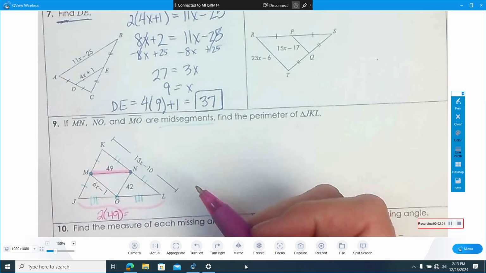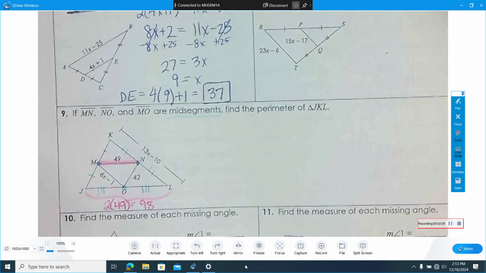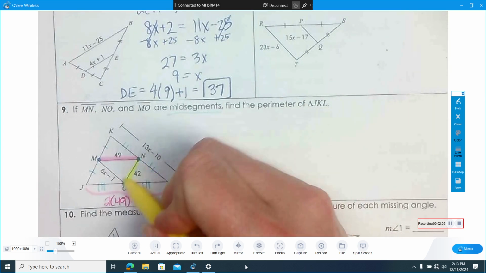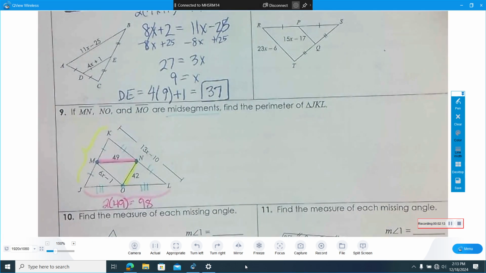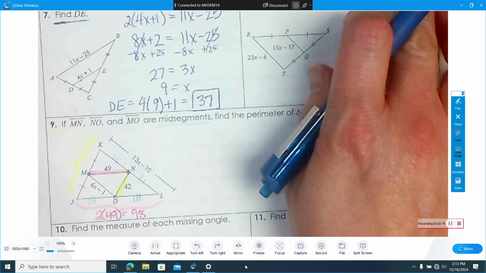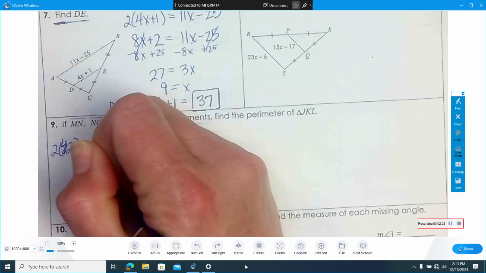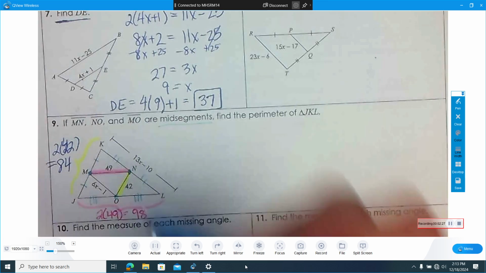So what is 2 times 49? 98, very good, thank you very much. Okay, and if I know that NO is 42, what's this side JK going to be? 84. How'd you get 84? Double 42, we get 84. 2 times 42.